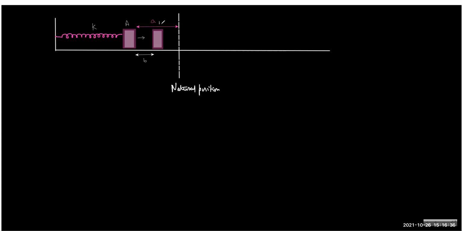If I call it A, if I call it B position, what is the work done by spring in going from A to B? Now this is the question to you. So what can we write?